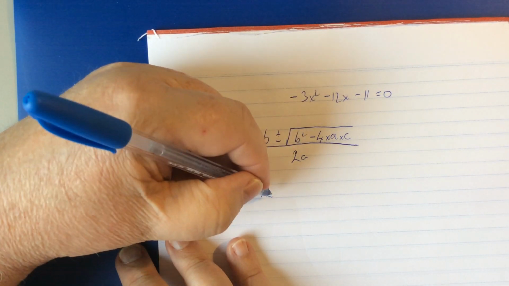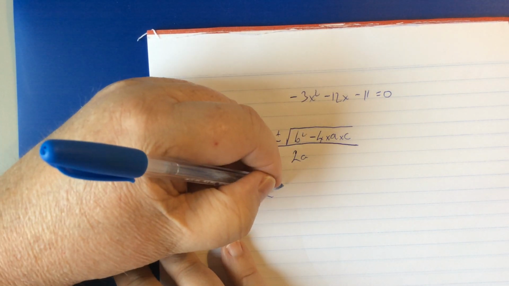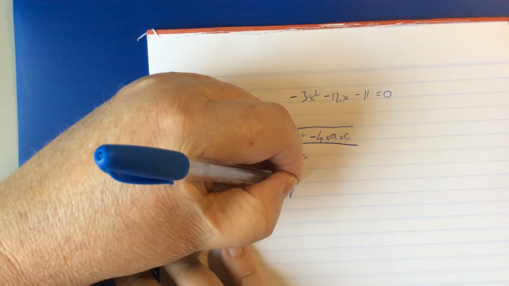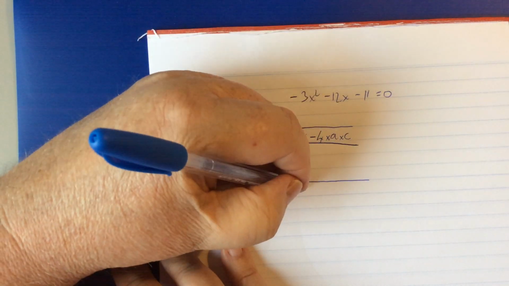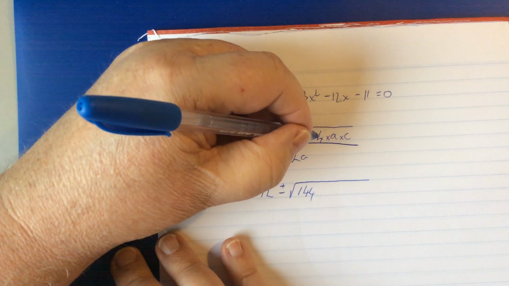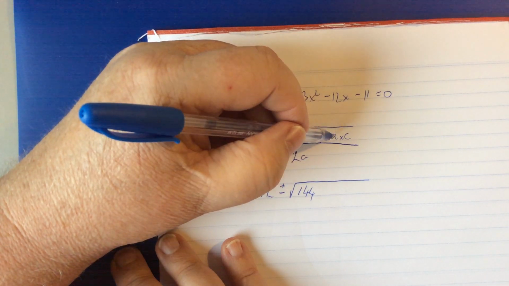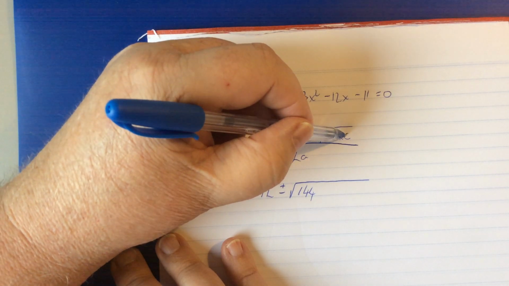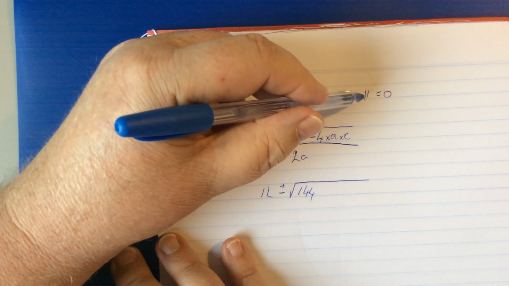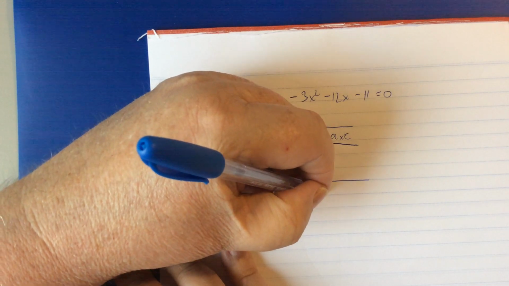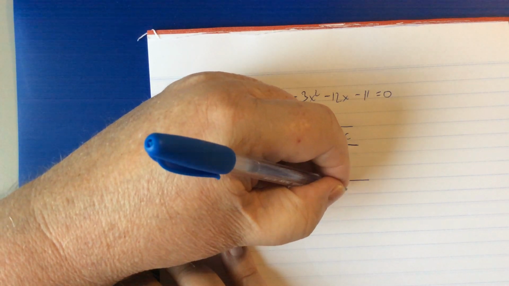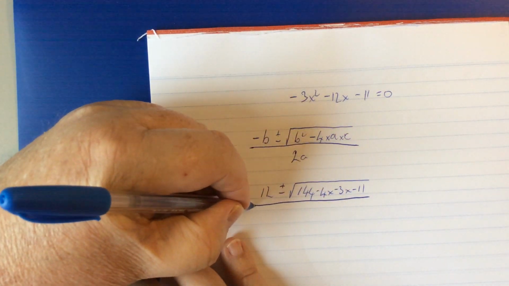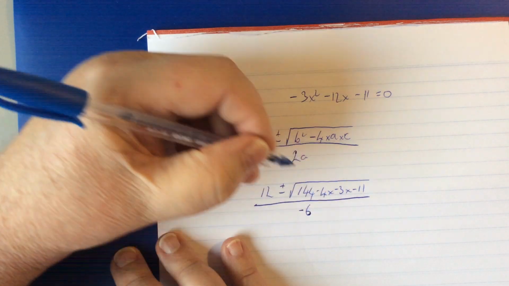-b is 12 plus or minus the square root of b squared, which is 144, minus 4 times -3 times -11, all over 2a, which is -6.